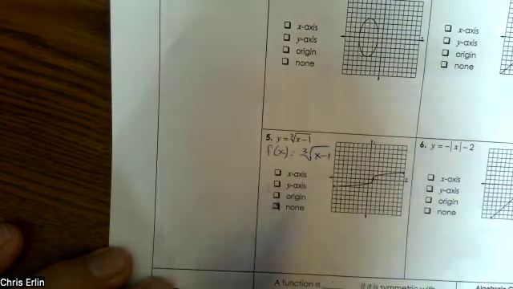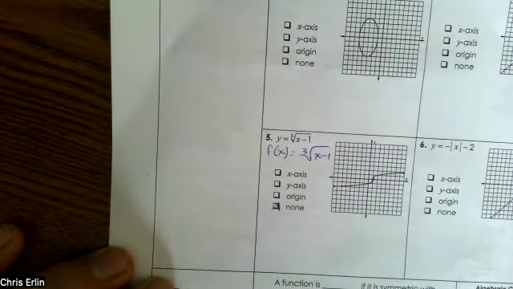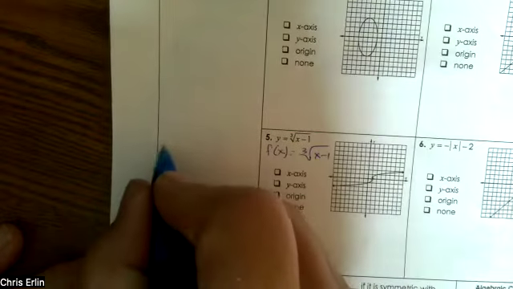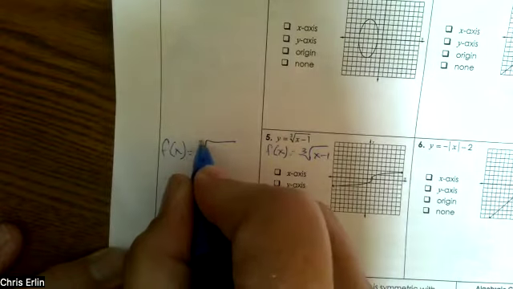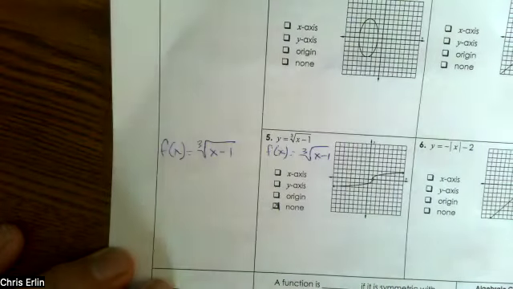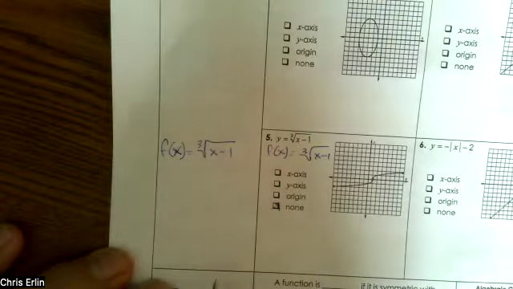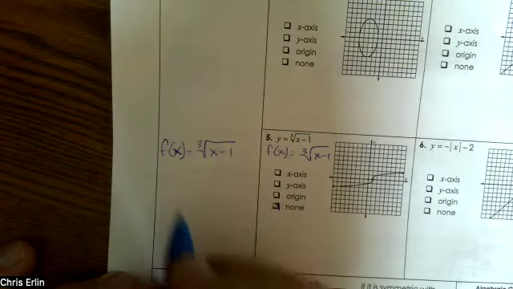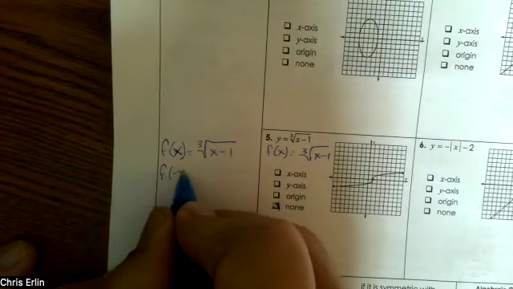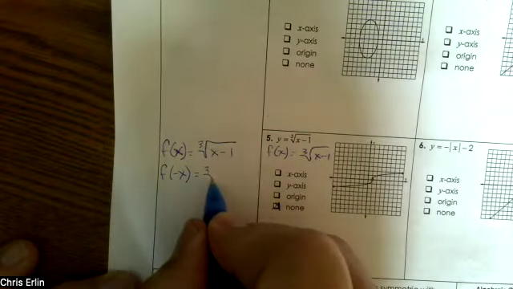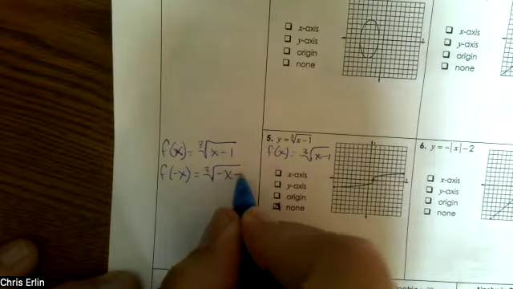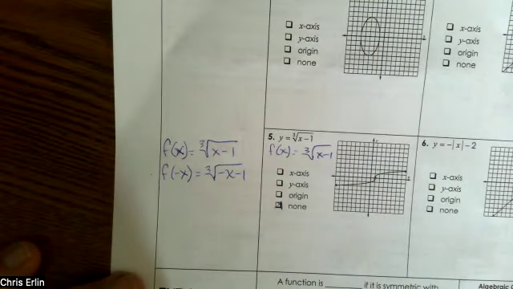Are you all okay that that's the exact same thing, just with different notation? So now I've established what f of x is. It's the original thing. We didn't have to do anything to it. Now I'm going to try switching the x. In other words, I'm going to call it f of negative x, which means I'm going to have the cube root of negative x minus 1. Is there anything I can do to simplify that?